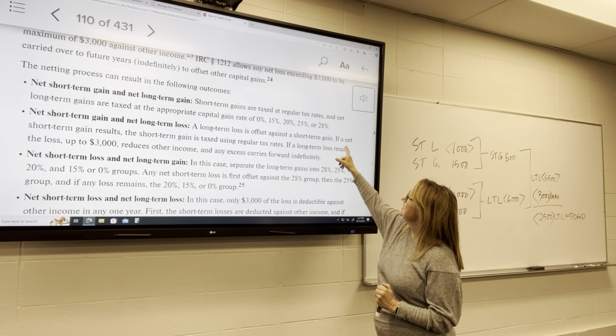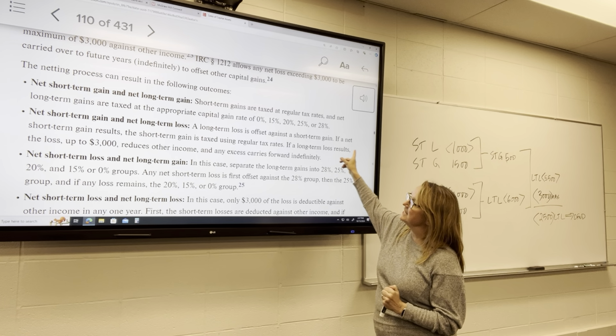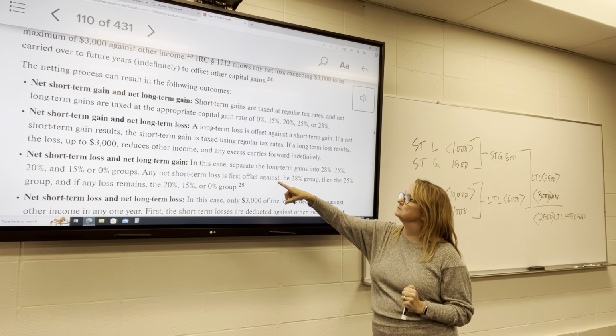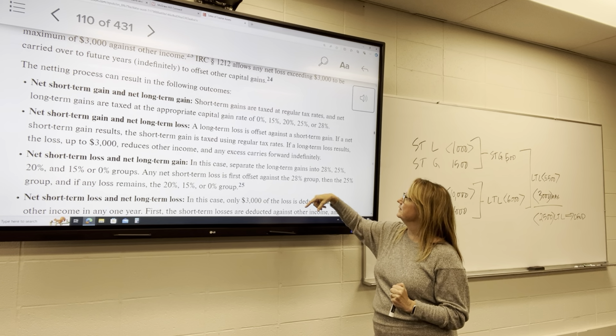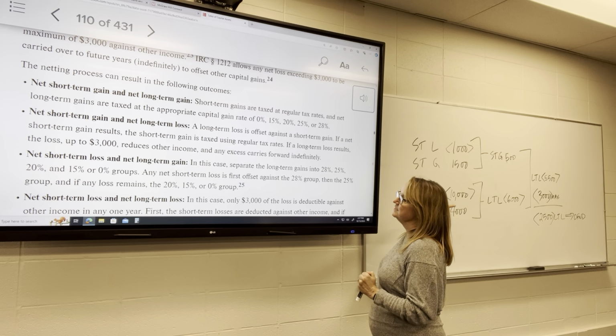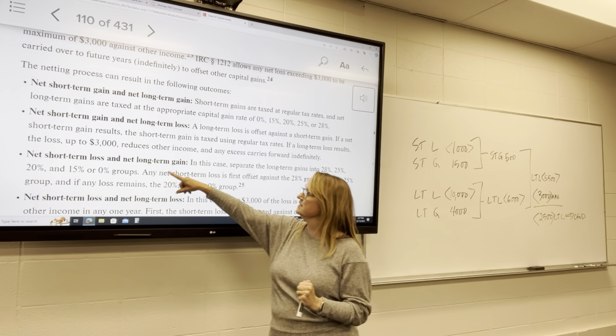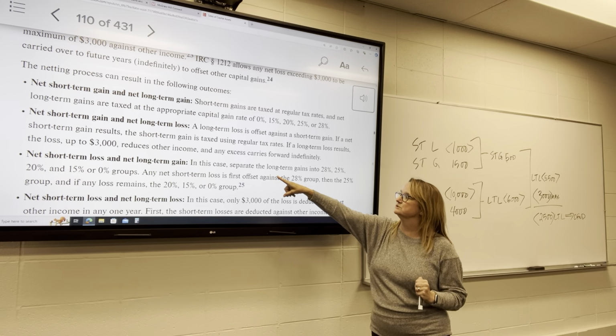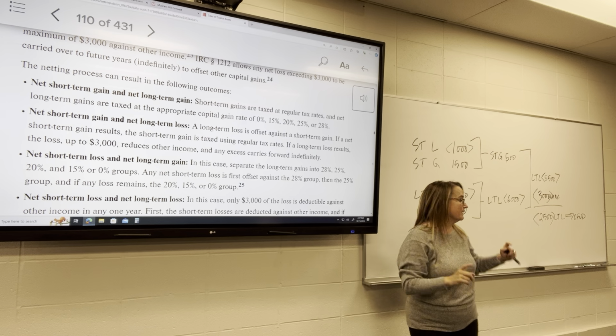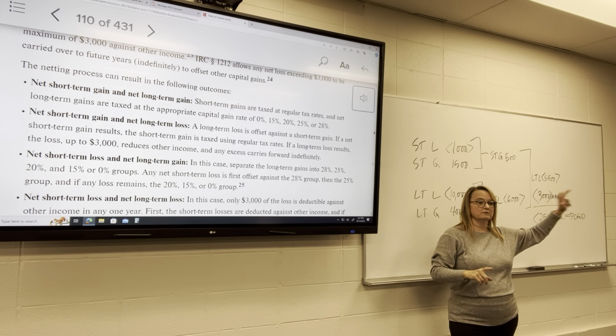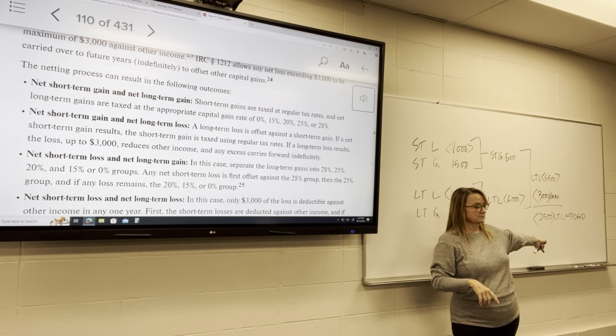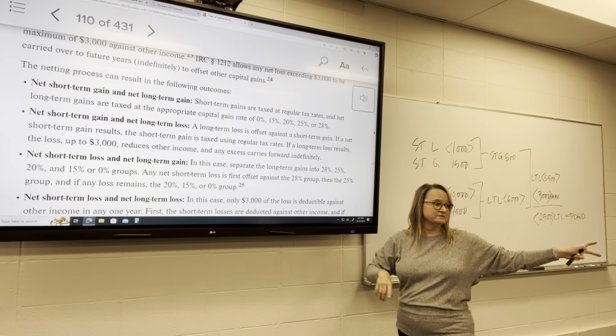Long-term loss is offset against the short-term gain. If a net short-term gain results, the short-term gain is taxed at regular rates. If a long-term loss results, you get the loss up to $3,000 to reduce other income. Any additional amount carries forward forever till you die. Death and taxes, right?